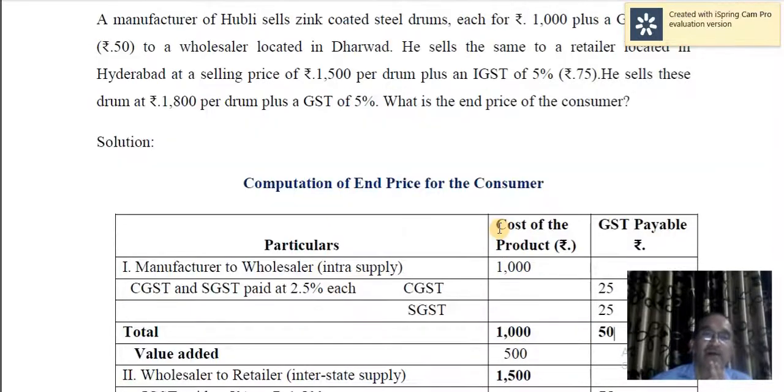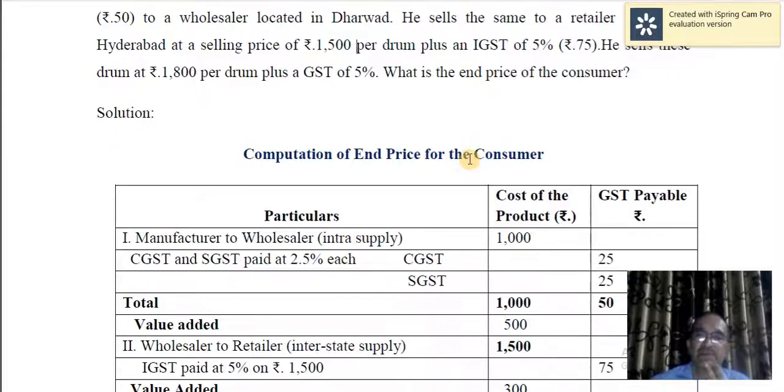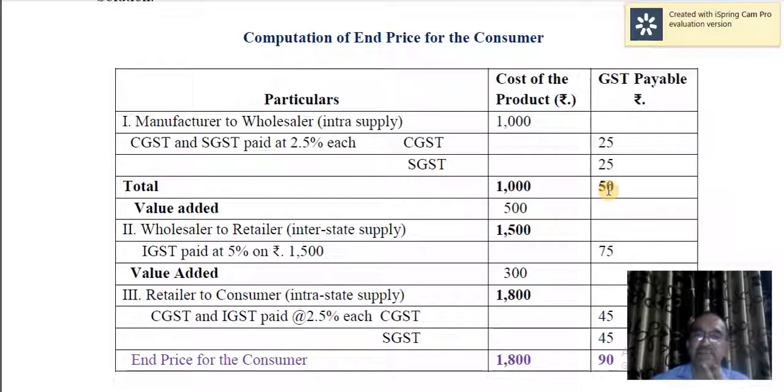Then the wholesaler sells that to the retailer at Hyderabad, 1,500 plus IGST at 5%. 5% on 1,500 comes to 75 rupees. Actually, here it is an interstate transaction, therefore IGST is calculated. IGST is 75.